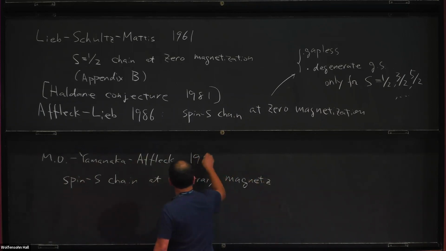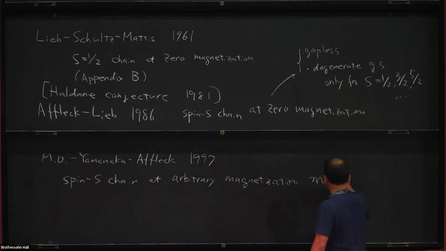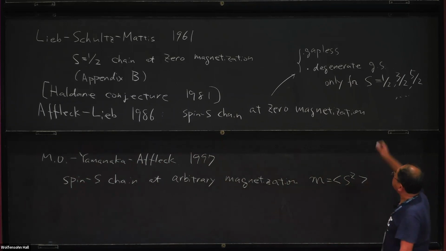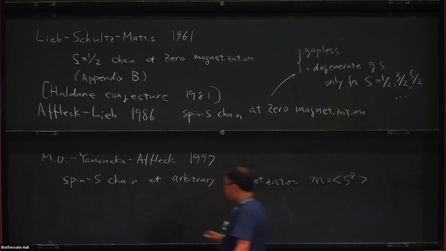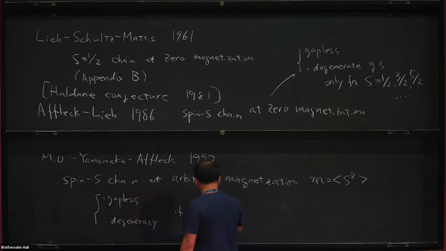That was '97. We found that a similar constraint holds: the system must be gapless or have degenerate ground states if this spin quantum number minus this magnetization is not an integer.